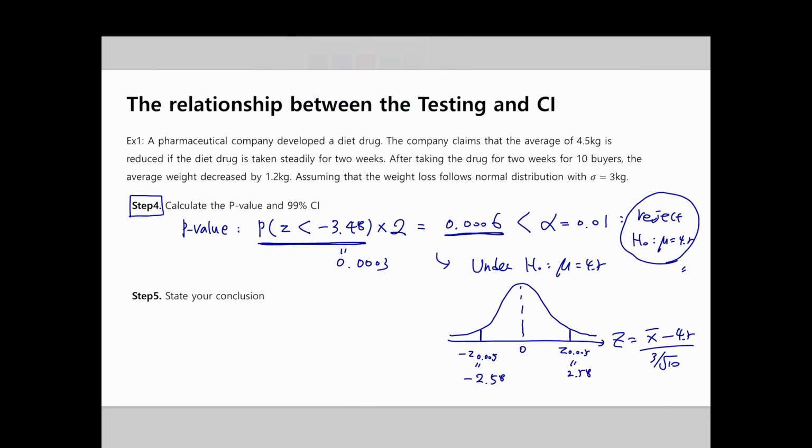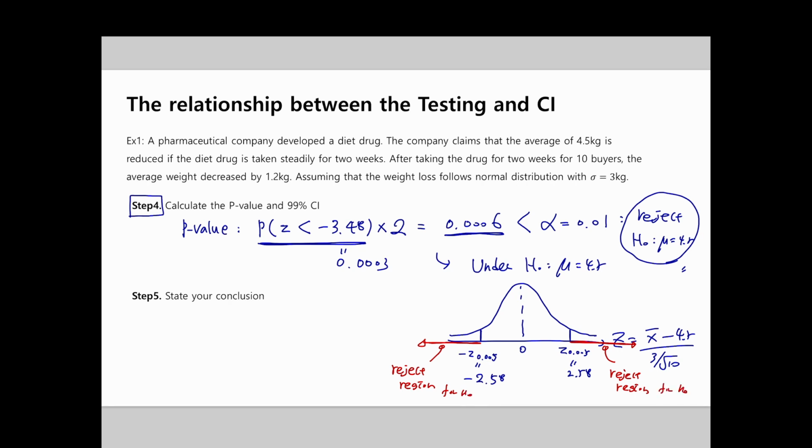So we can find that this region is called the reject region. Reject region. Okay. For H0.